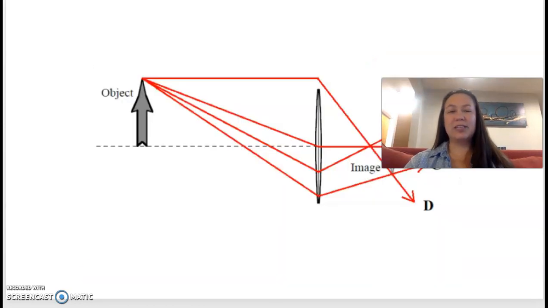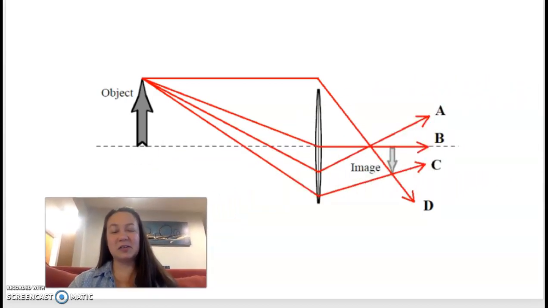So, quick comprehension check. Which one of these rays is drawn correctly? This was one of the questions on the homework that people got stuck on. Either a ray goes from the top of the object right through the vertex of the lens. So B is not it. That doesn't go straight. That doesn't work.